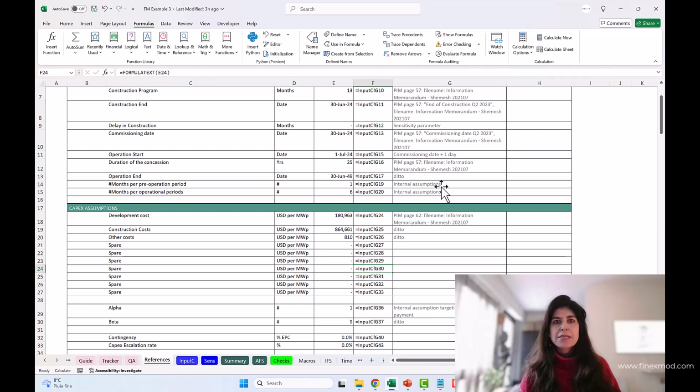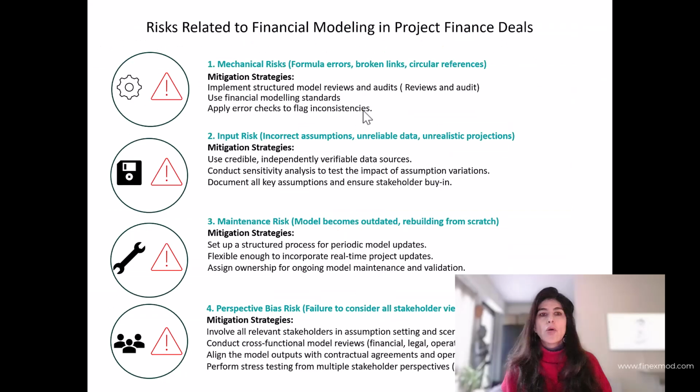However, at least at each point in time, you need to have a justification for the assumptions that you are putting in your financial model. So keep track of the references that go into the model, and that's going to help you update and maintain it. So that's going to mitigate this important risk, which is the input risk.